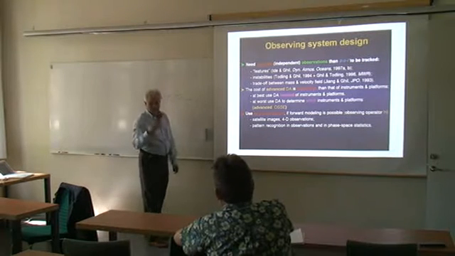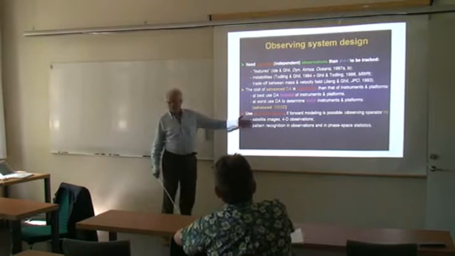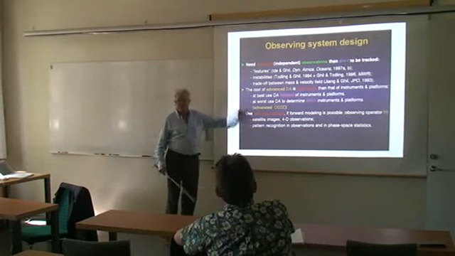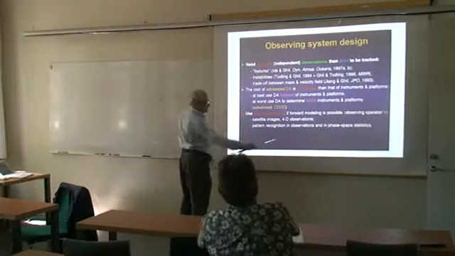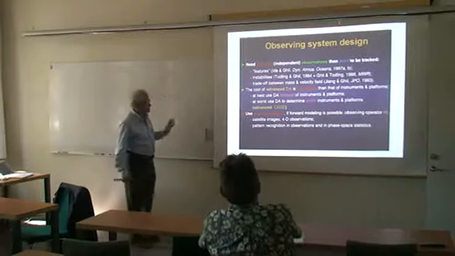Bogus data, yeah. People used to talk about bogus data, but now people are actually trying to assimilate satellite data and so on, for the observations, pattern recognition and observations and phase-based statistics, etc.